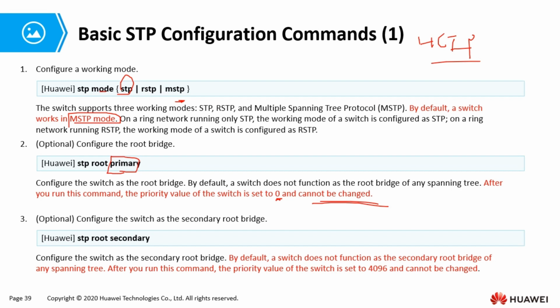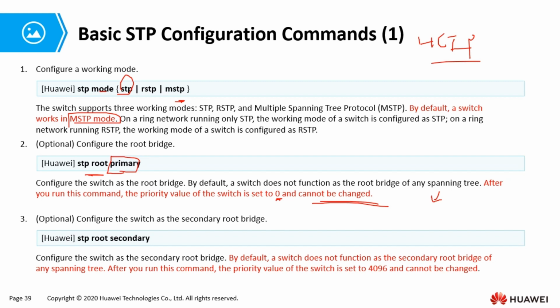So to prevent that from happening, you set it to fixed, with the STP root primary, so that whenever a new switch with a lower or smaller bridge ID joins the STP network, it will not trigger STP calculations again and take over the root bridge.